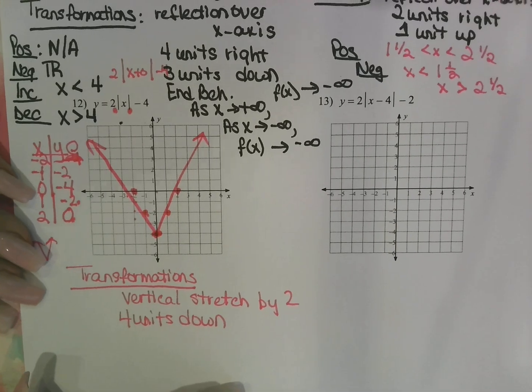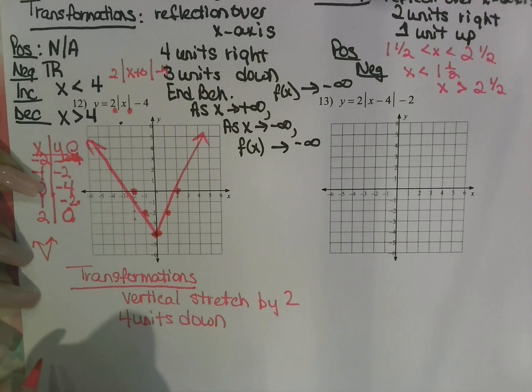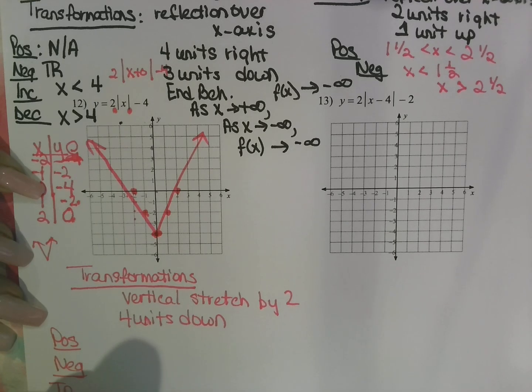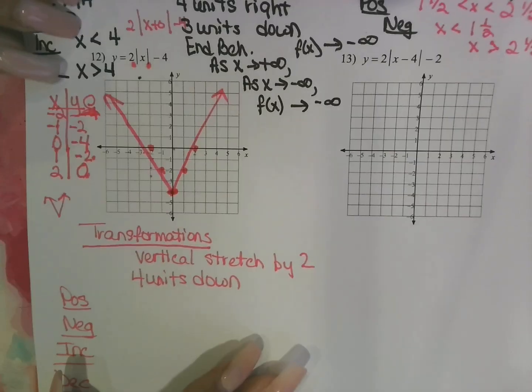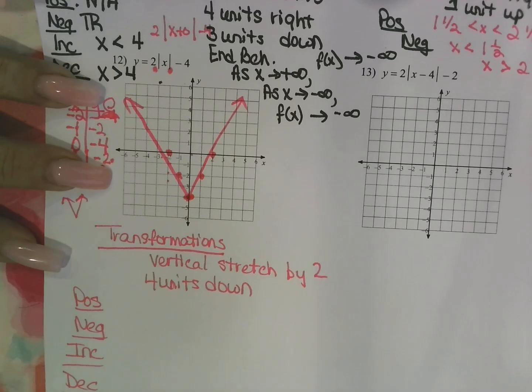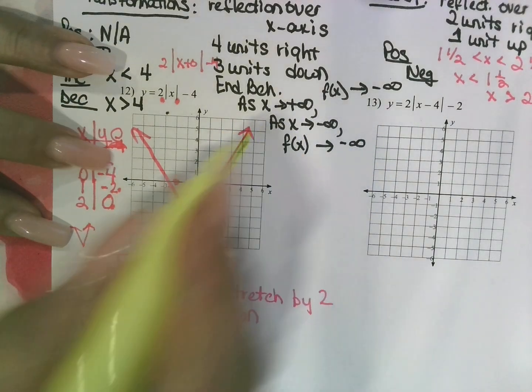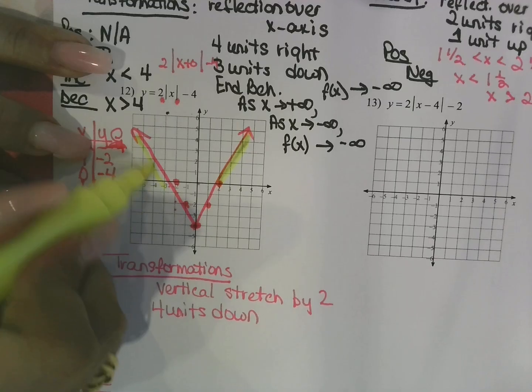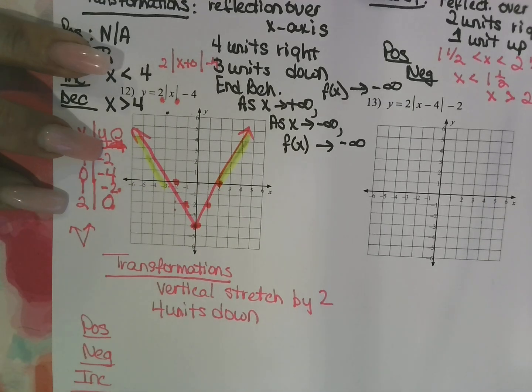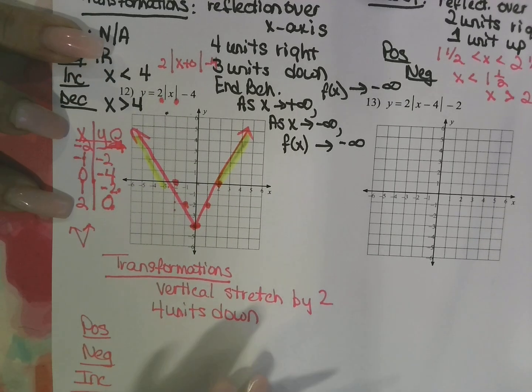Okay? Let's see, we need positive, negative, increasing, decreasing, and then end behavior. So positive, well, that one's easy. This thing is positive up here and over here. And we know the x-intercepts, one is at -2 and the other one's at 2.